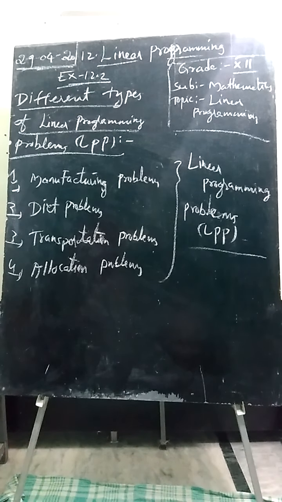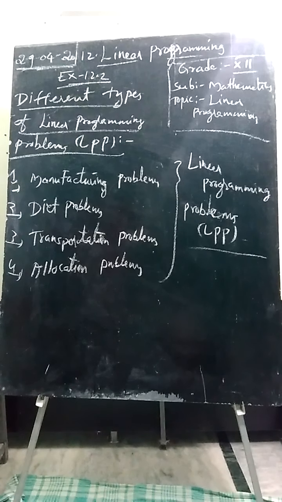Manufacturing problems: as we discussed earlier, in an industrial area, consider the number of petrol cars or diesel cars produced in an annual period, or a year. How many petrol cars are produced in an industrial area, how many diesel cars are produced, and the profit on a petrol car and the profit on a diesel car. With all this information, we can frame linear inequations, and based on profit we can make an objective function.